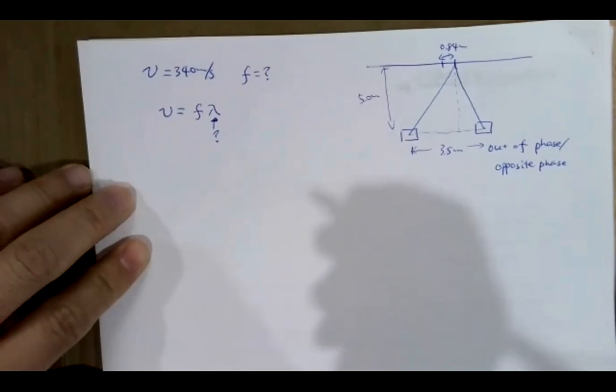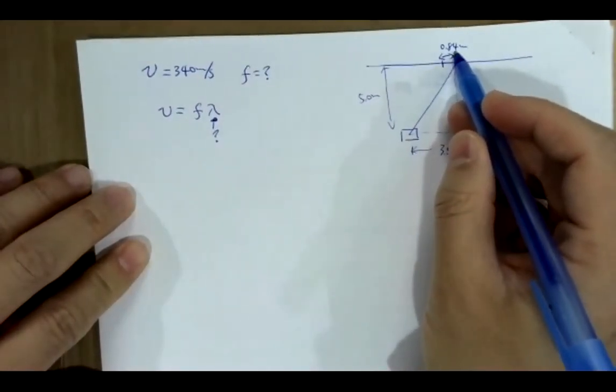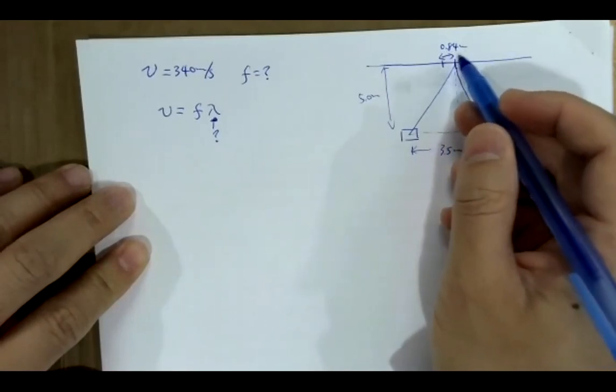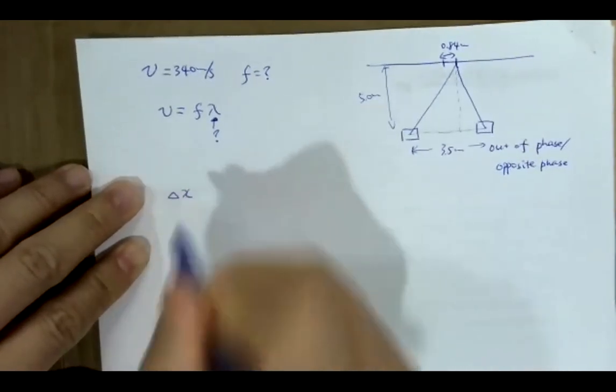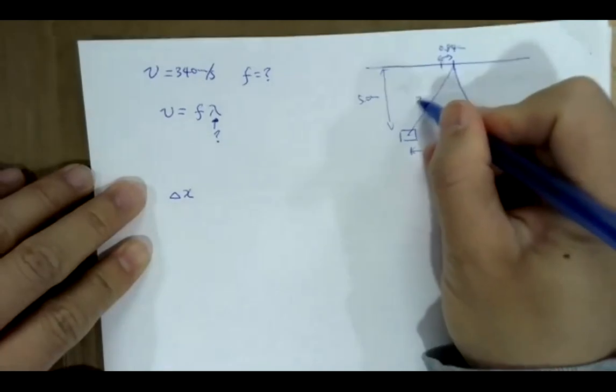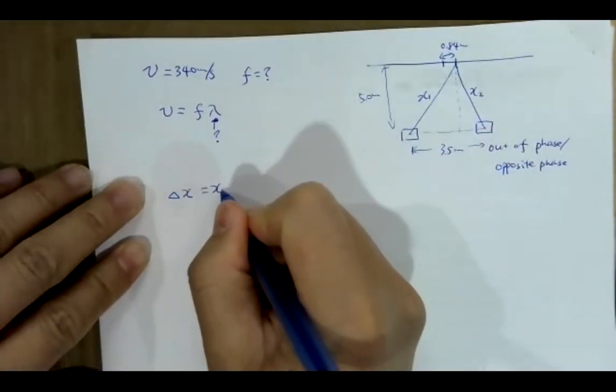So you move to one side, and the first time you hear the constructive interference, that means the path difference is half lambda. The path difference you can write as delta x, where this is x1 and this is x2, so delta x will be equal to x1 minus x2.